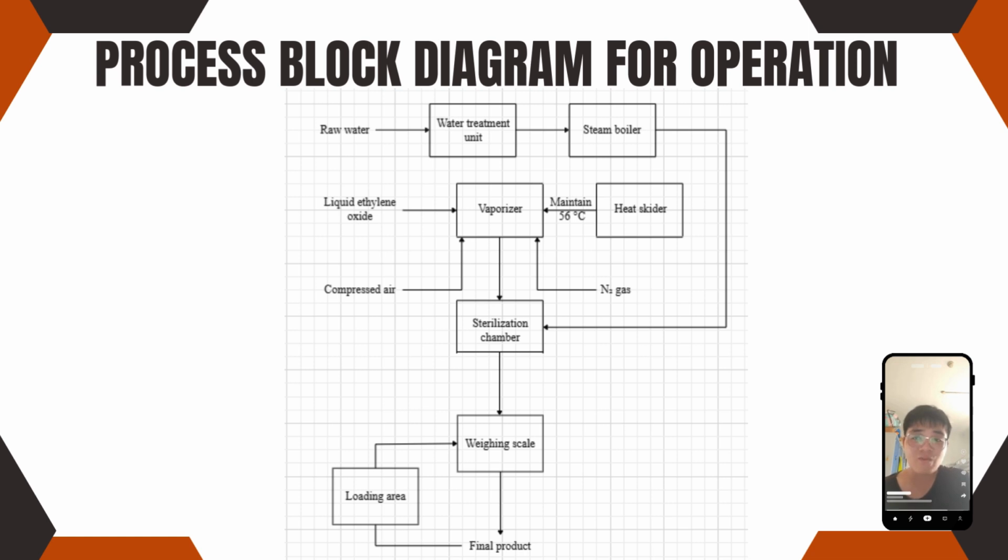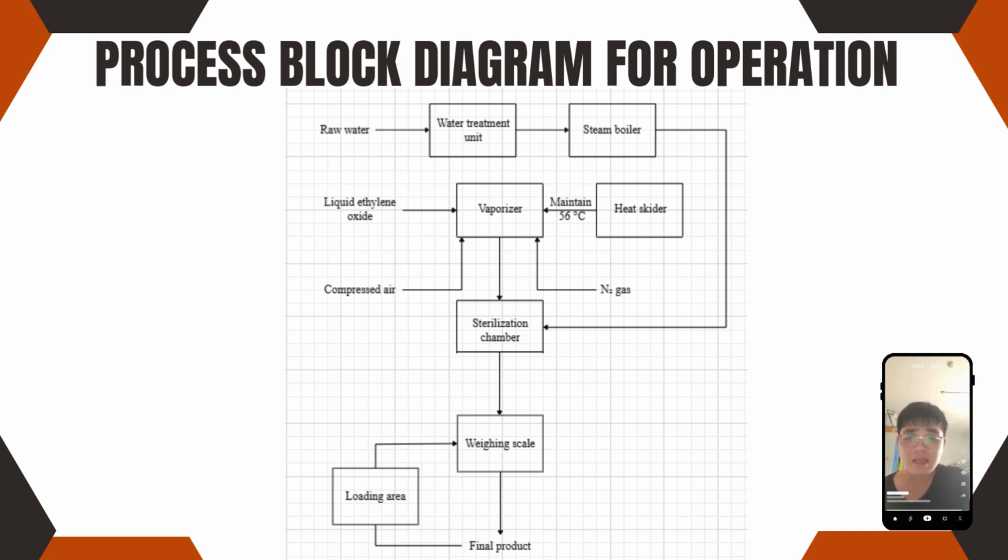Nitrogen gas acts as an inert carrier gas while compressed air supports proper mixing and flow control. The EO vapor mixture is then directed into the sterilization chamber to eliminate microorganisms.